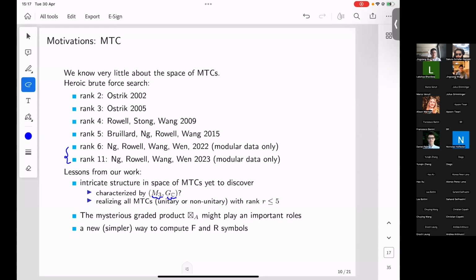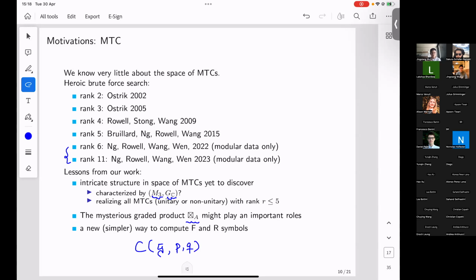And in the whole process, this mysterious product plays an important role. It turns out many MTCs don't look like a factored thing, but they are the graded product of this category, this individual factor I was describing. And more importantly, this category I was denoting C, PQ, is relatively well understood.